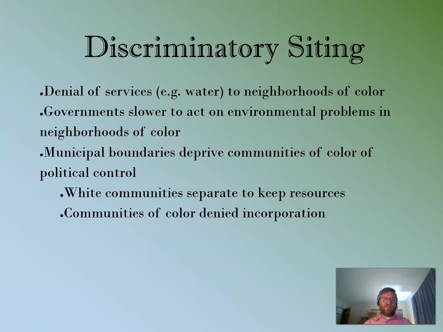You can also see issues arising from the way that municipal boundaries are drawn. A lot of this local level environmental quality is overseen by municipal governments, right? A city or town government. And within a metro area, you have things divided up among a bunch of different municipal governments. As an example, I live in the borough of Bellevue.